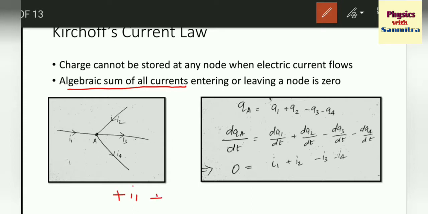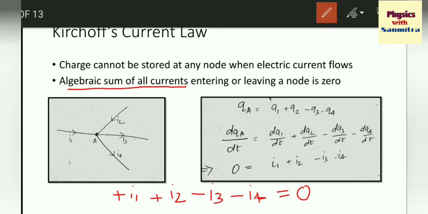I2 is also entering, so I will make it plus I2. Now I3 is leaving, so I can make it minus I3. I4 is also leaving, so I will make it minus I4. So that will be equal to 0. This is what KCL says.